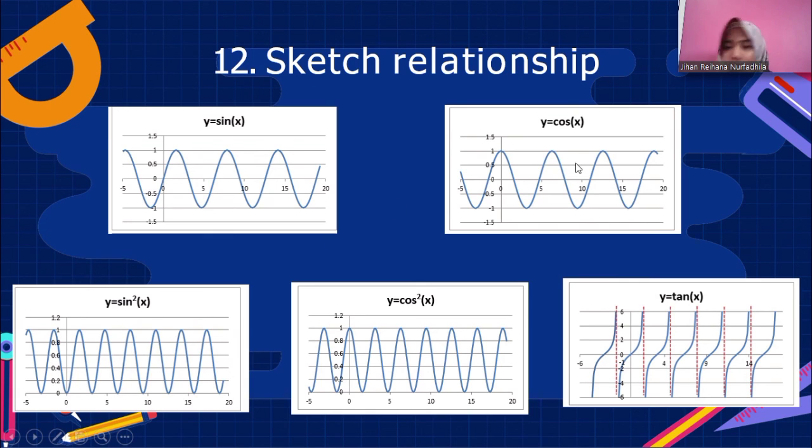And for cos, it usually starts from 1. For sine squared and cos squared, it is the same as the sine and cos graphs, but the waves in the graph are closer together. And for tan, this is a combination of the graphs from sine and cos.